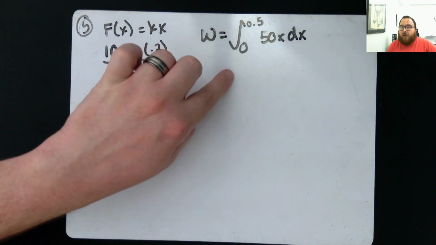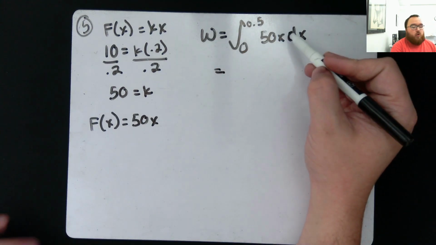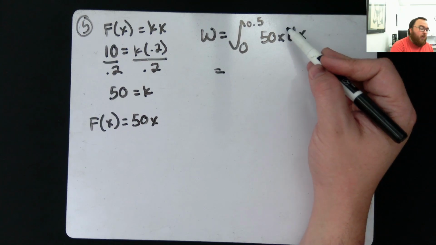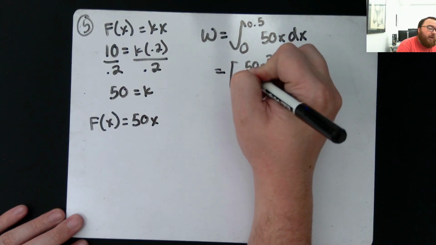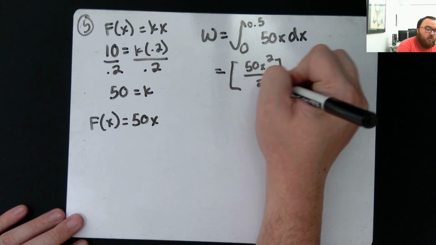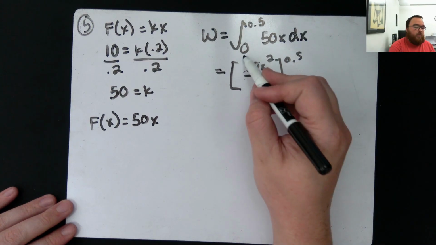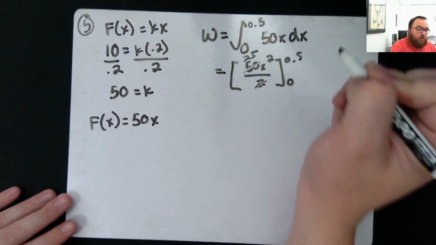This isn't bad, right? Take the antiderivative of that. You would add 1 to the power, which would make it a 2. So 50x squared over my new power, which is 2, from 0 to 0.5. 50 over 2 is 25. So it's just 25x squared.